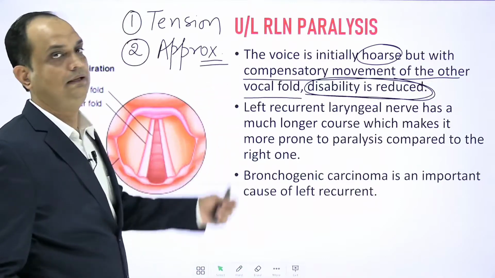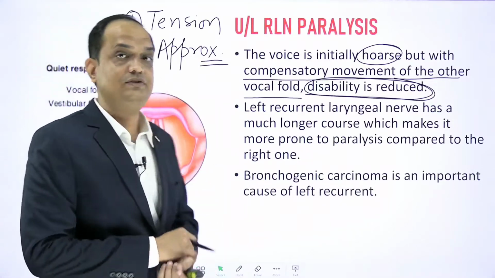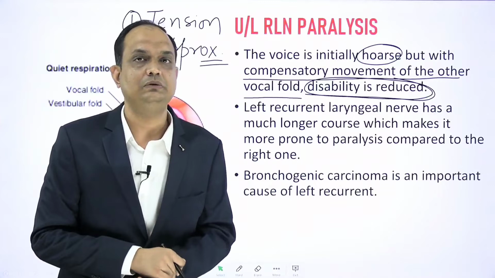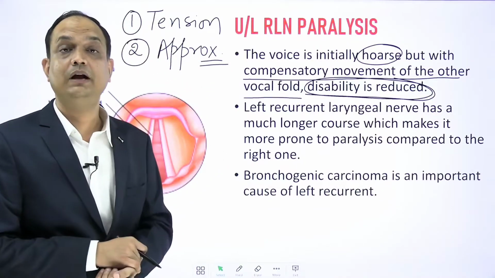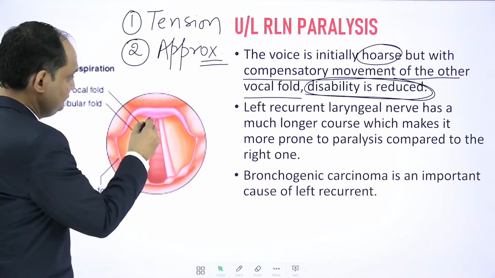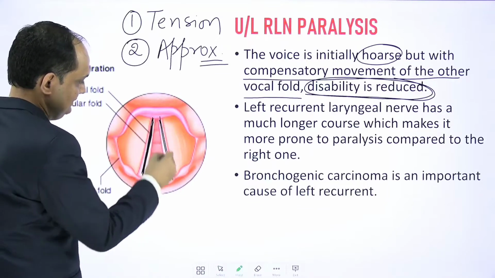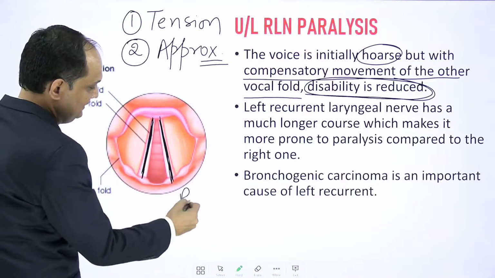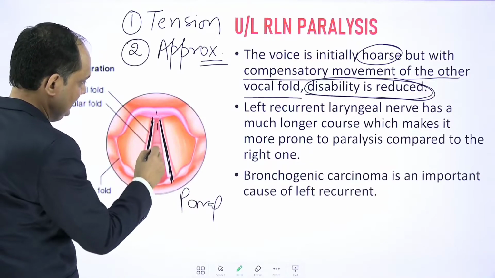Now what will happen in this recurrent laryngeal palsy? Now there is tension, because the cricothyroid is normal. But because of the involvement of the recurrent laryngeal nerve on one side, suppose this vocal cord is normal and this is the paralyzed side. So this is the paralyzed side, this is the normal side. Now what will happen? This is your midline.